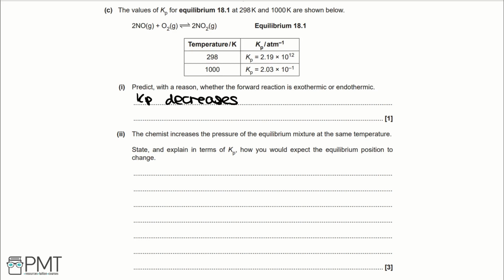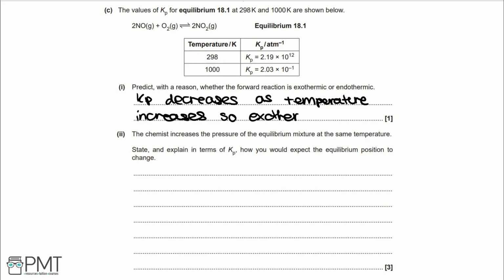And that trend is that Kp decreases as the temperature is increased from 298 Kelvin to 1000 Kelvin. And so we can then make a suggestion as to what the forward reaction is. And the forward reaction is therefore exothermic.